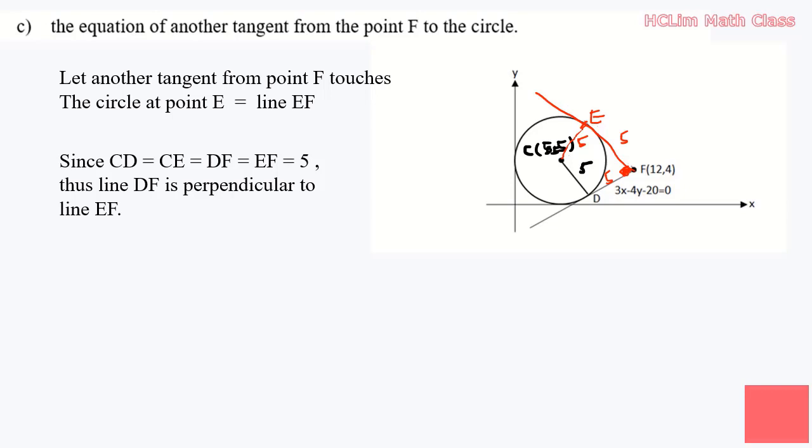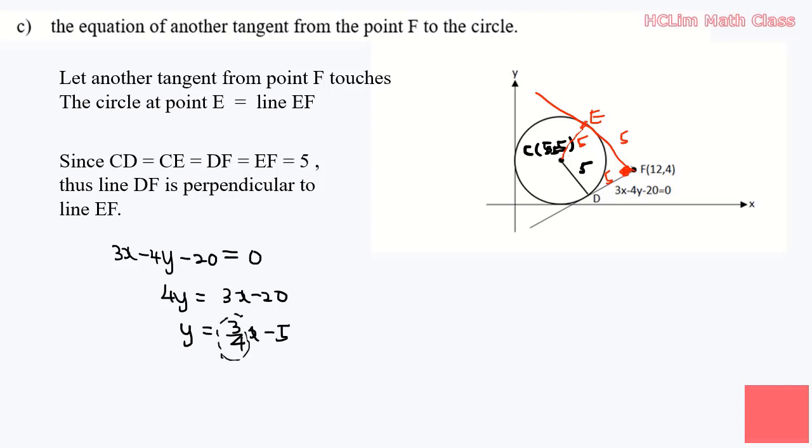Therefore, to form this equation, we may use the gradient of the tangent 3x minus 4y minus 20 equal to 0. We rearrange this, so we have y equal to 3 over 4 x minus 5.